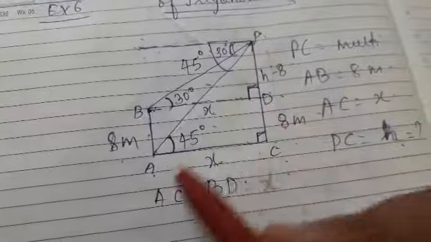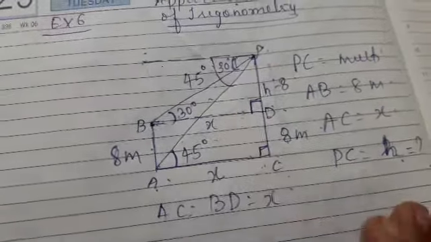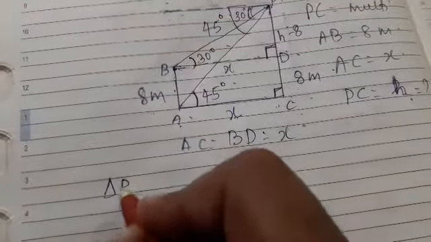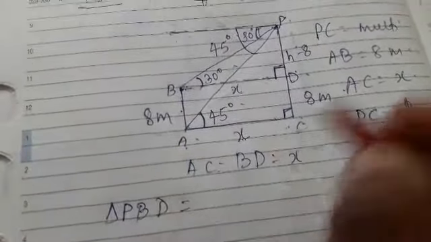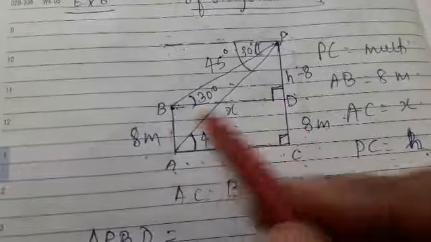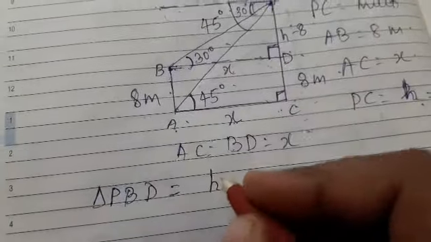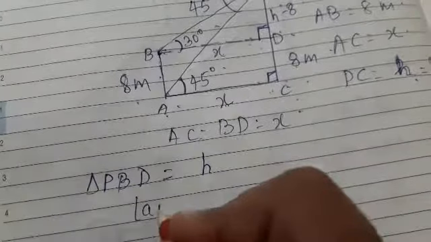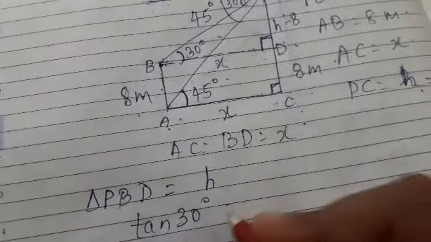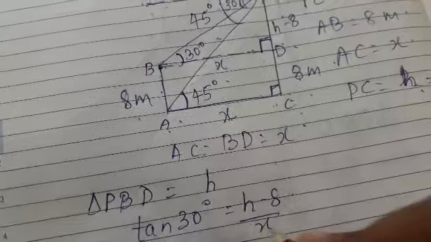We can also take PAC first, so any one we can take and solve. In triangle PBD, tan is opposite upon adjacent, h minus 8 upon x. Which angle are we taking? Tan 30. Tan 30 degree is equal to h minus 8 upon x.